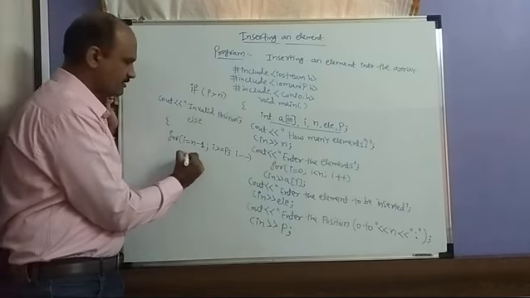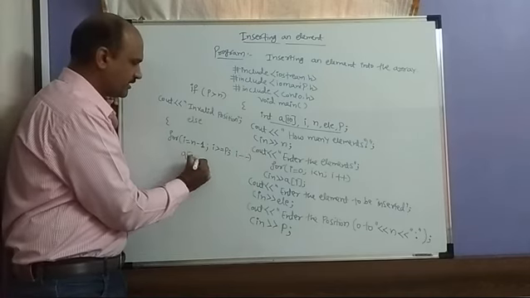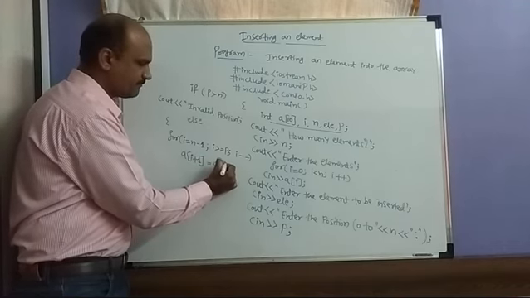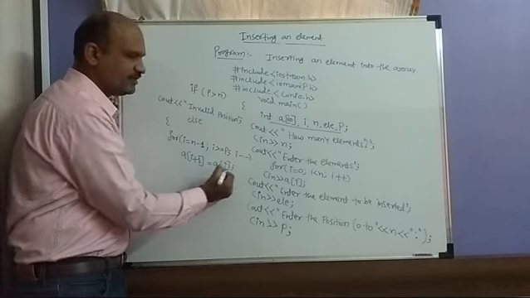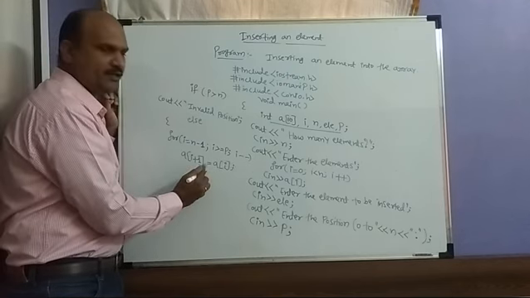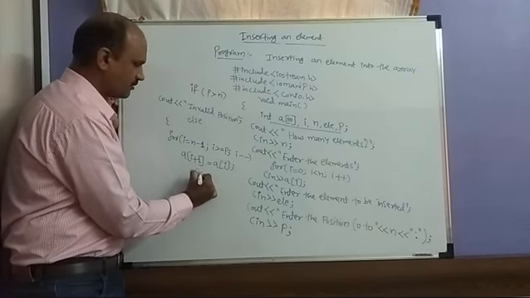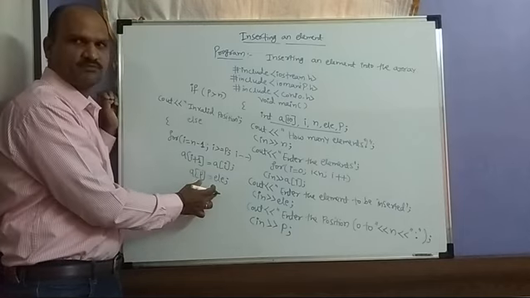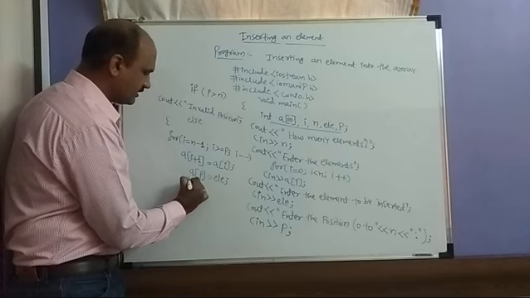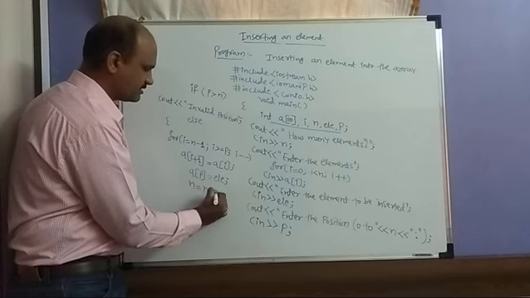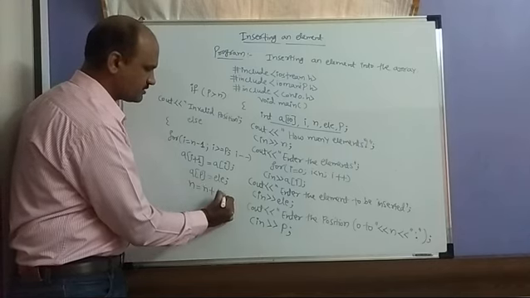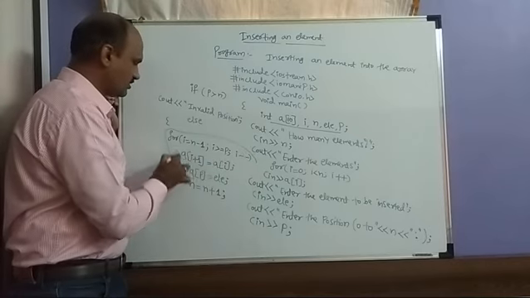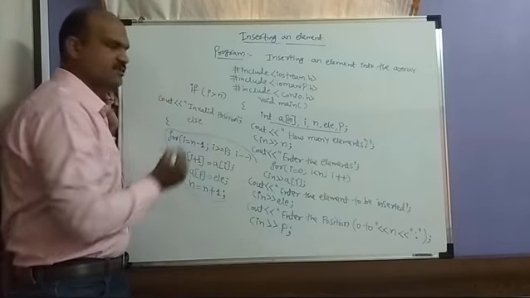Then A of I plus 1 is equal to A of I. Then A of P, the particular position, becomes the element. Then n is equal to n plus 1. So that is the logic of this program.